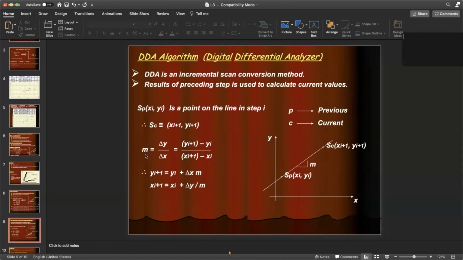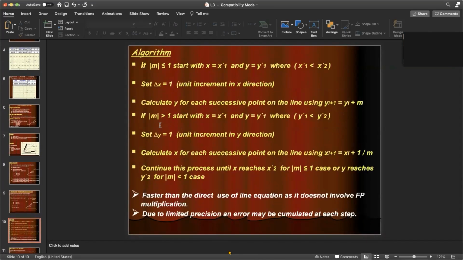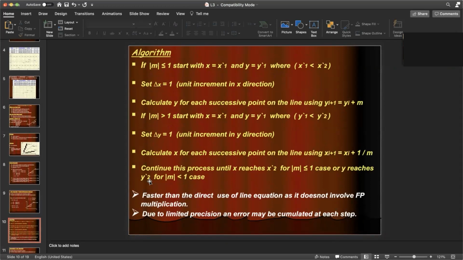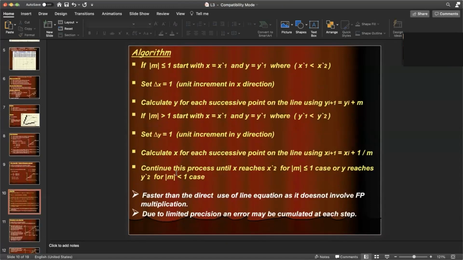Go through my notes, what I have drawn, and if you have taken notes, that is the best thing you can do. Here you can see the algorithm represented step by step, and there are some exercises also available.